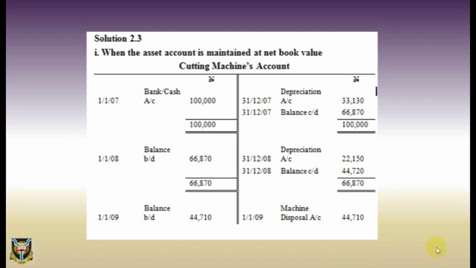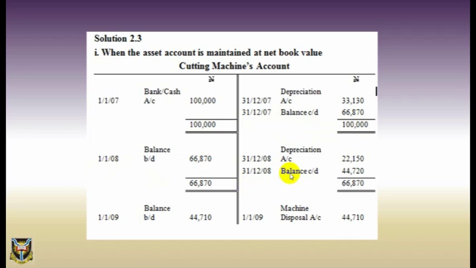Depreciation: 31/12/2007 A/C 33,130 naira. 31/12/2007 balance C/D 66,870, total 100,000.